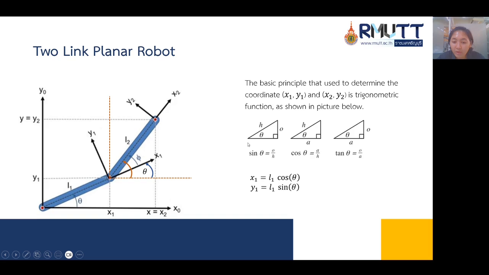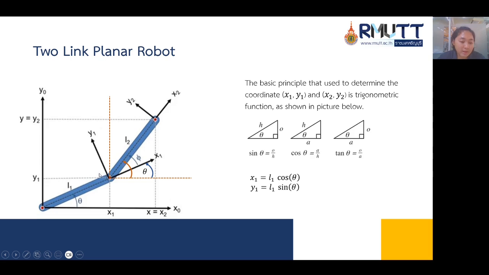If I want to calculate, sin theta is equal to O divided by H. And then cos theta is equal to A divided by H. And then tan theta is equal to O divided by A.